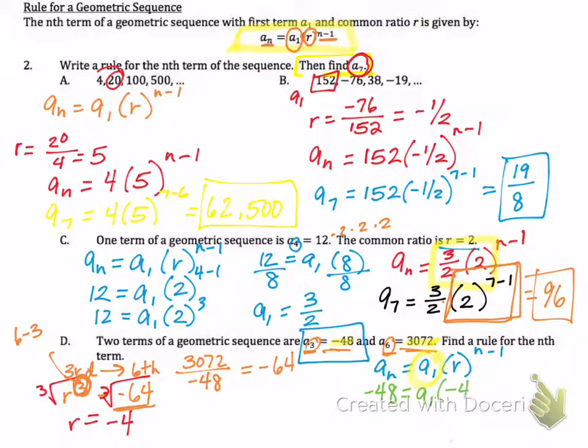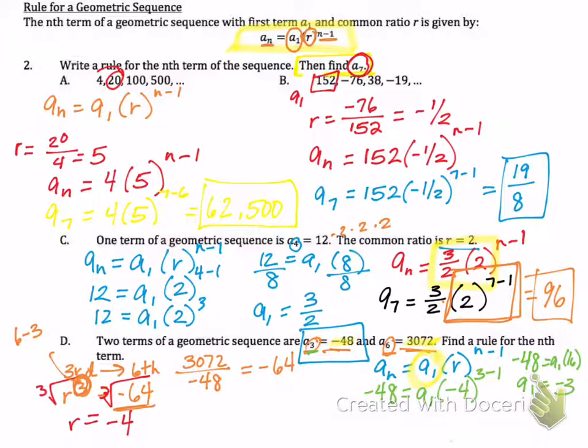My rate is negative 4, and then n minus 1 would be 3 minus 1, which would be squared. So you end up getting negative 48 equals a1 times 16, and negative 48 divided by 16 is what? Negative 3.